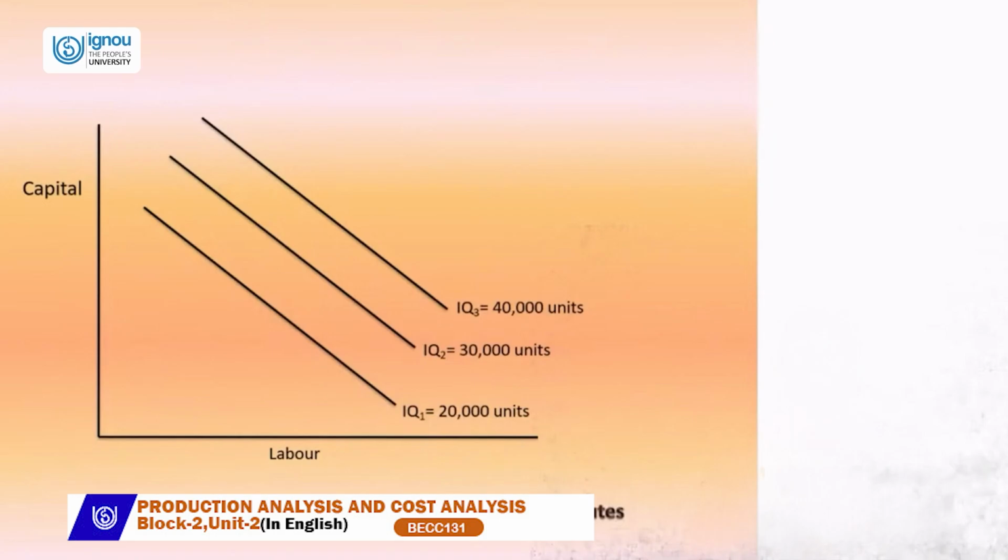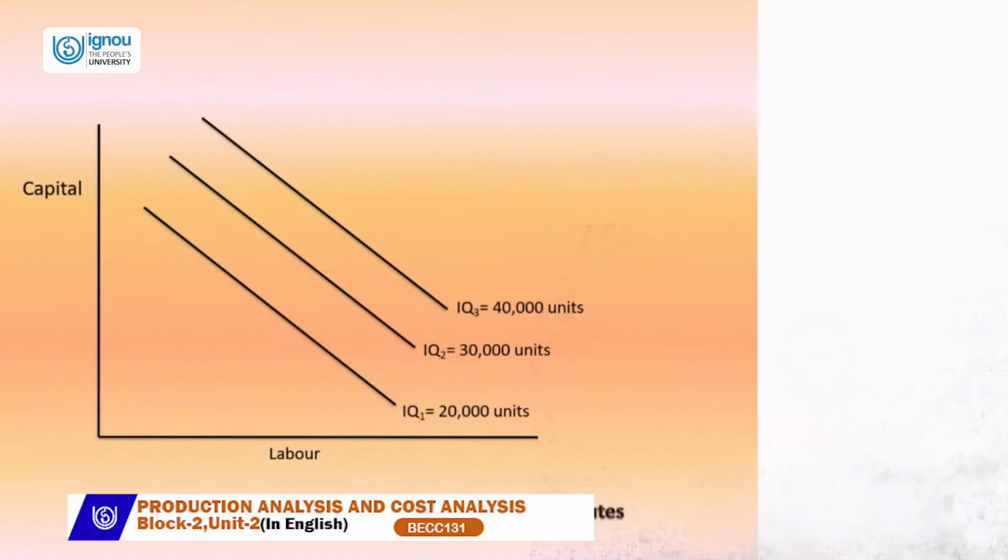If one shape is convex to the origin and another shape is a downward slope, then they are not perfect substitutes, as it is one of the features that the combination of two inputs is not necessarily perfect substitutes. So this is one example, a graphical representation which shows that the two factor inputs, labor and capital, are perfect substitutes.